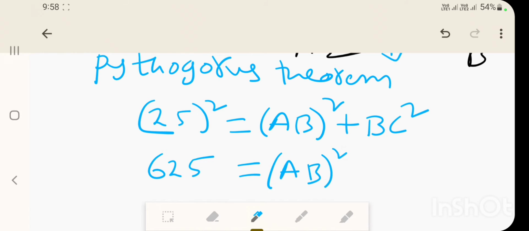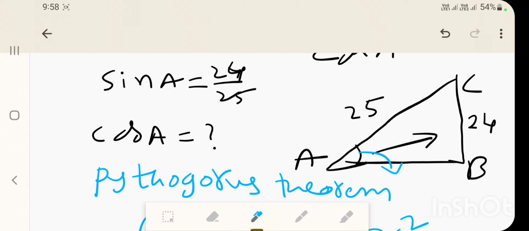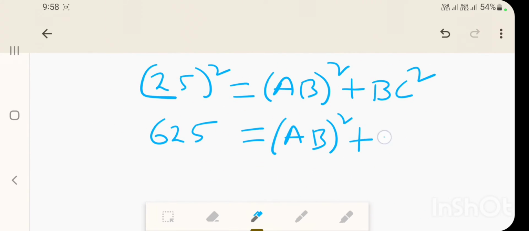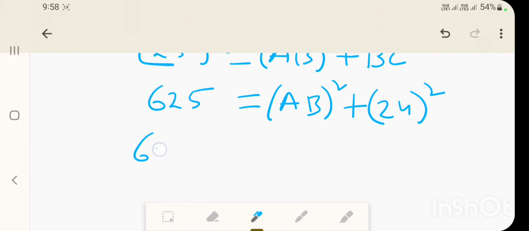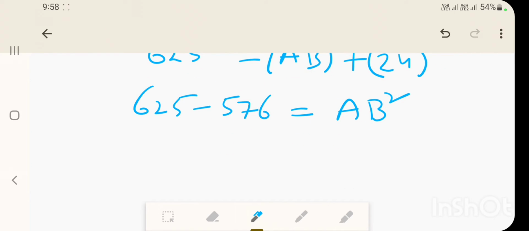Okay, so in place of this, even they can give 12 by 13 or something. So BC square, it is nothing but 24 square. Okay, so 625 minus 24 square, how much is it? 576 is equal to AB square. So 625 minus 576, it is nothing but 49.